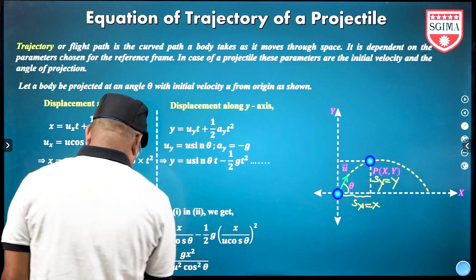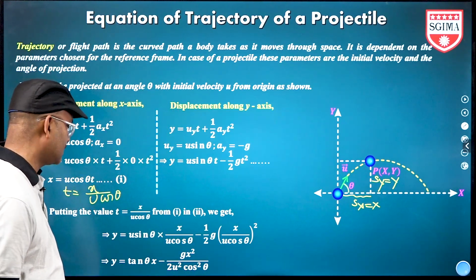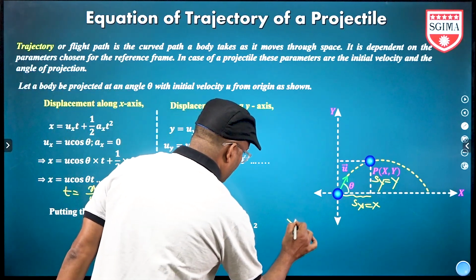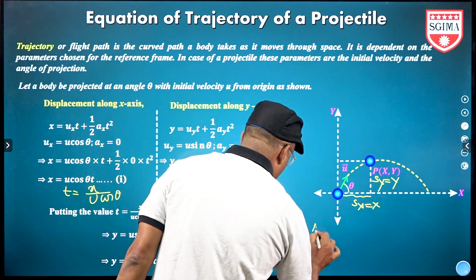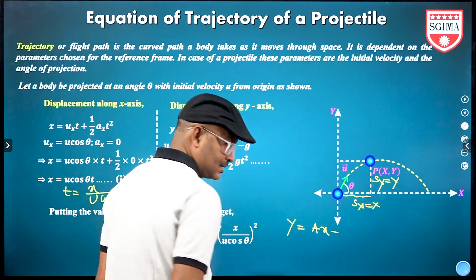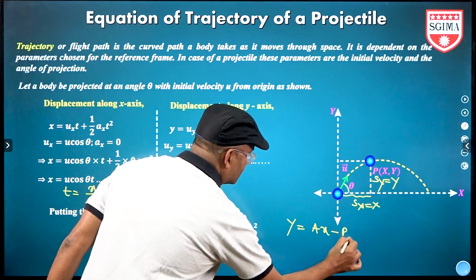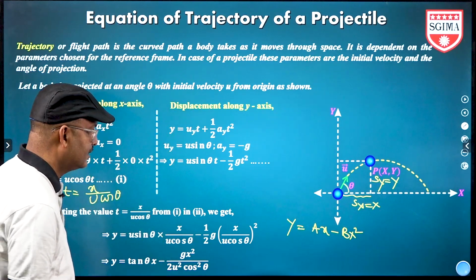This is the equation. This equation is in the form of y is equal to ax minus bx square. What is a here?